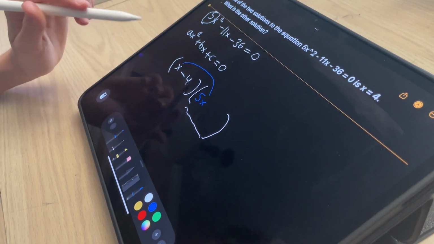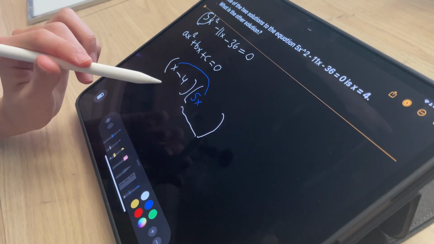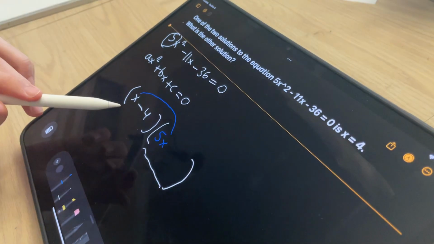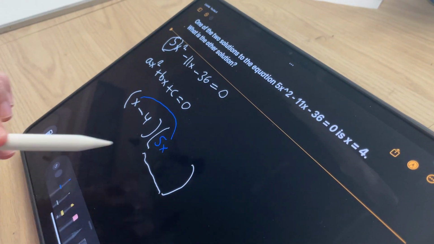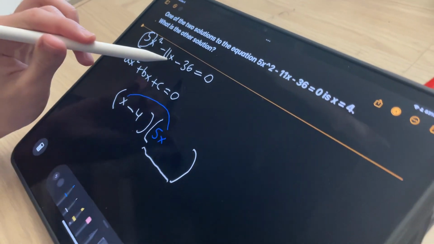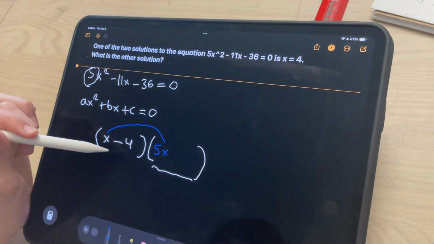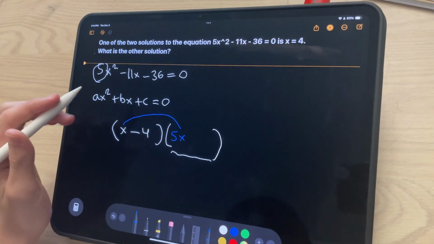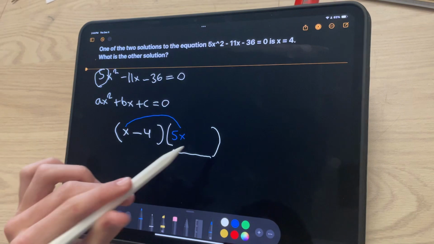Next, we need to find two numbers that multiply to negative 36. We've got the negative 4 already. Now we just need another constant term that will multiply to negative 36 when multiplied with negative 4. There aren't very many numbers left that could complete this.